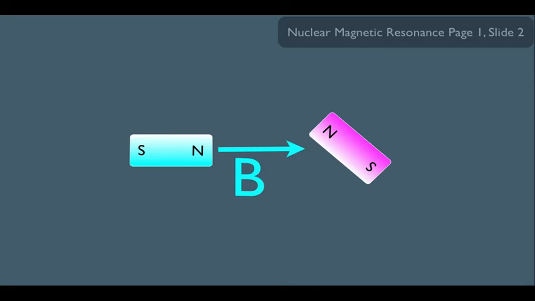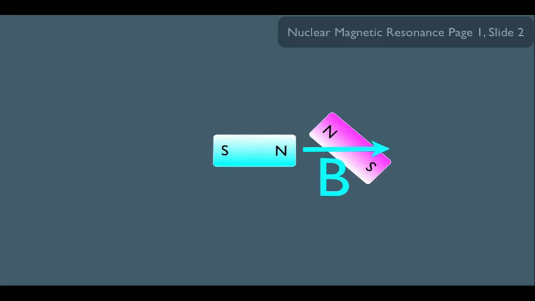And typically, magnetic fields are given the symbol B. Another way to understand the influence of magnetic fields is that if we move this magnet close to the pink magnet, then the pink magnet orients itself with the magnetic field in this direction. In this section, we're going to be representing magnetic fields as these blue arrows, which, as you can see, are going to influence the orientation of other magnets.